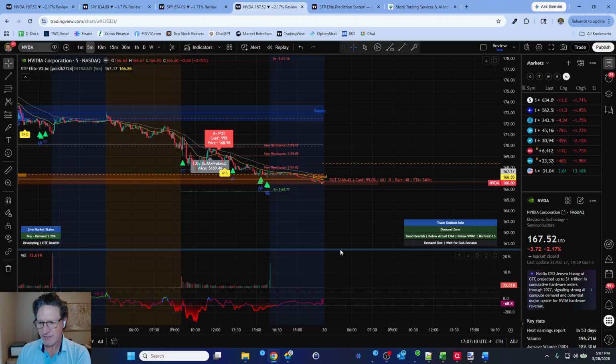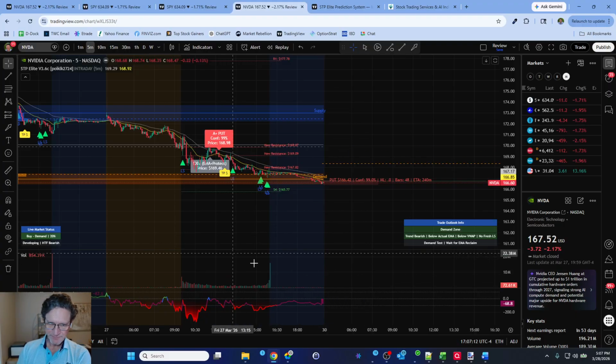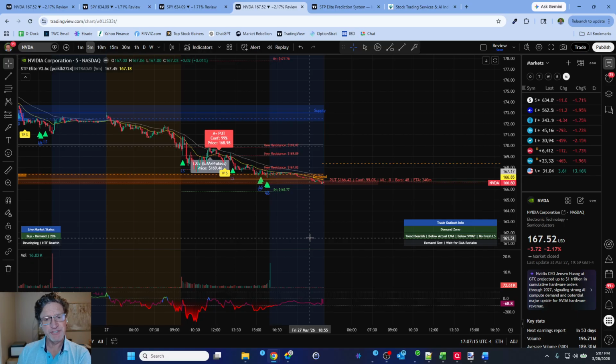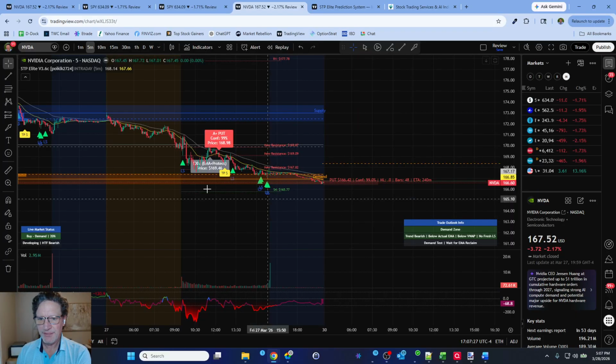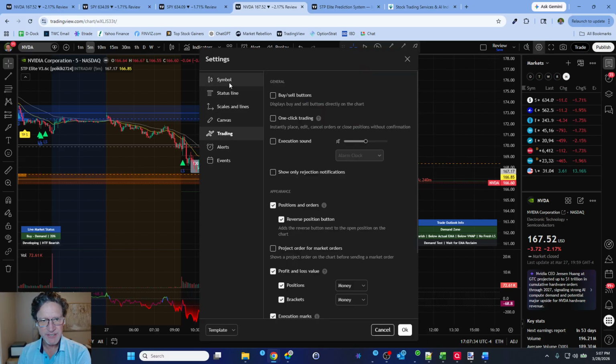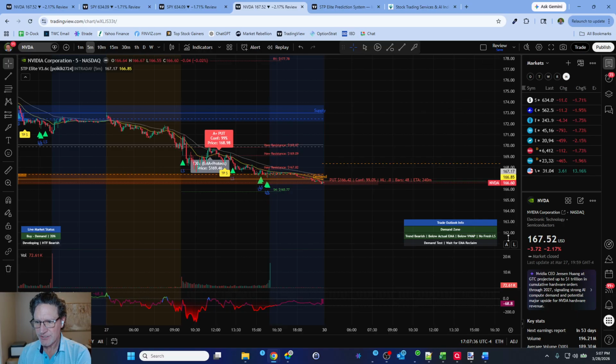The other thing that I want to share with you is that because there's so many calculations going on in this, there's a requirement if you download and install that, and that is to configure the chart to be set up with after hours trading. So you'll want to configure your settings on the chart itself.